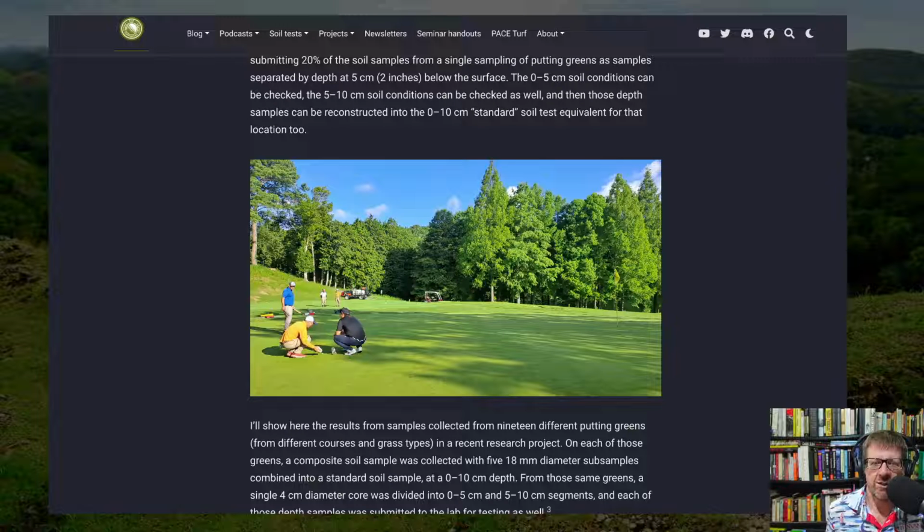So for every 5 greens that you sample, do one of them in a disassembled way. For every 10 greens that you sample, do 2 of them. And for every 15 greens that you sample, do 3 of them separated by depth. So I think that gives a lot of valuable information.